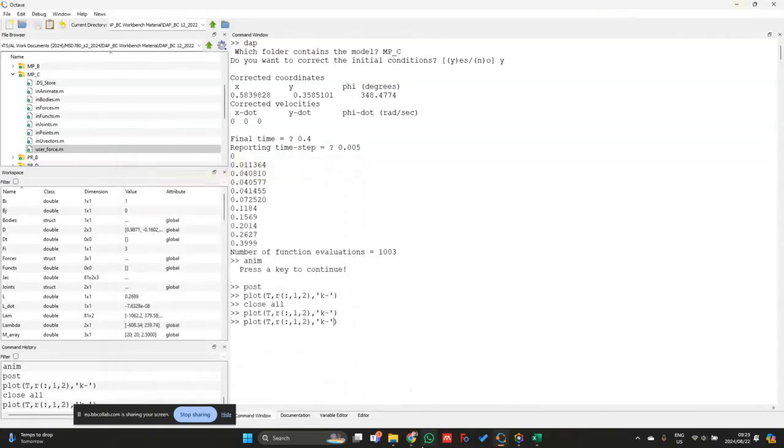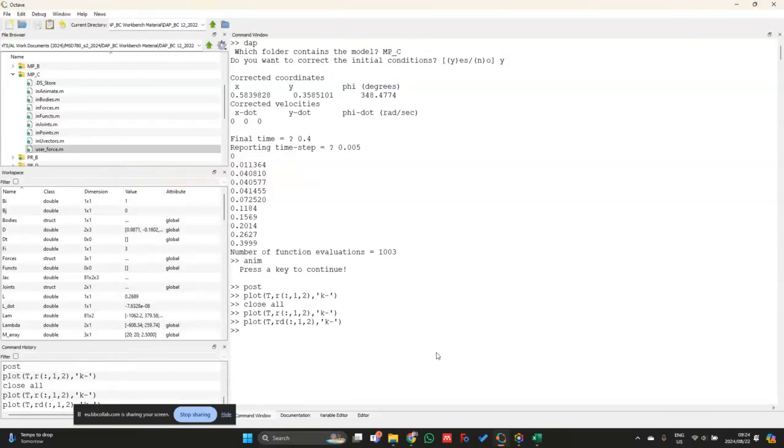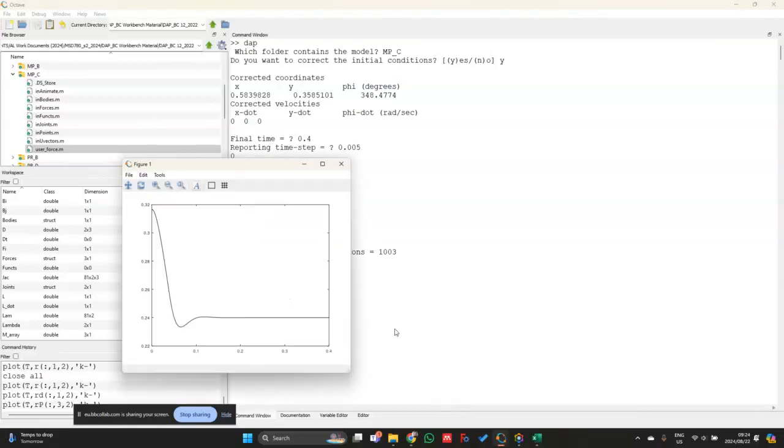If I then go and check the velocity, it should also give me the same profile. And we can see that is indeed the case. So it starts at 0, ends at 0 after about 0.2 seconds, so that's fine. And then I also just have to go and plot point 3, which I still believe is point C. Yeah. Right, so this also looks the same as what we had previously.